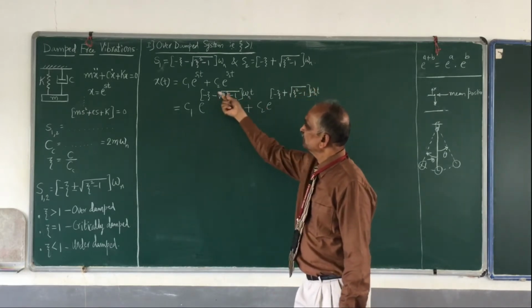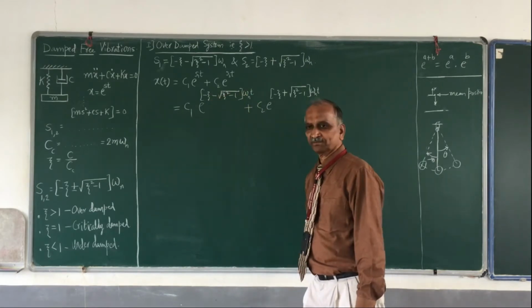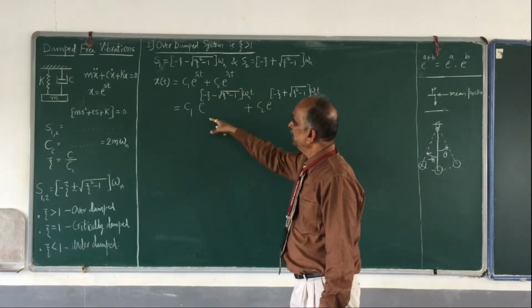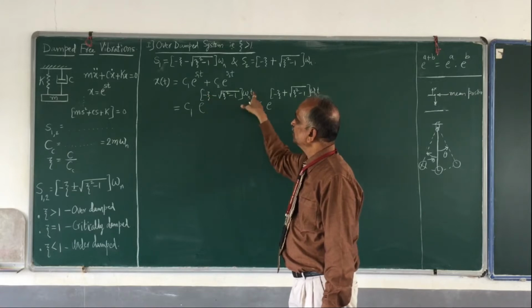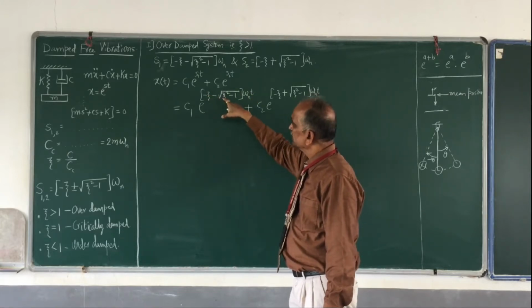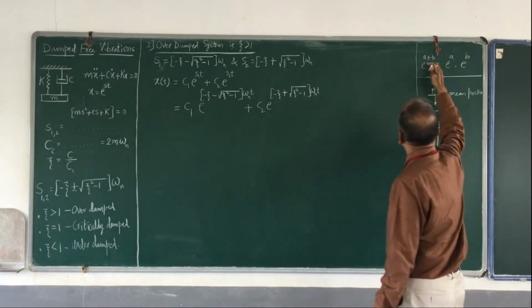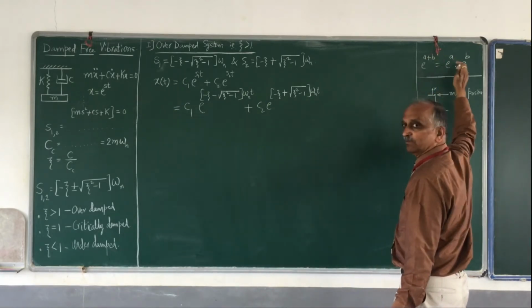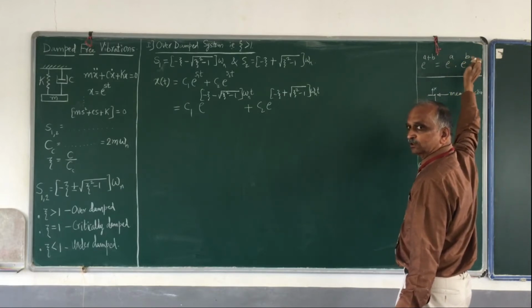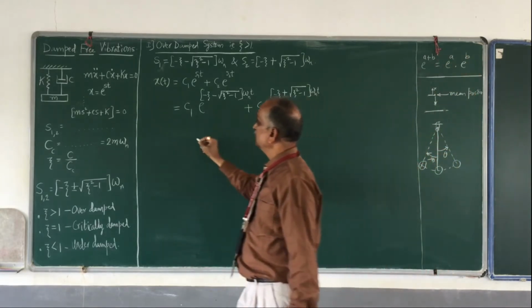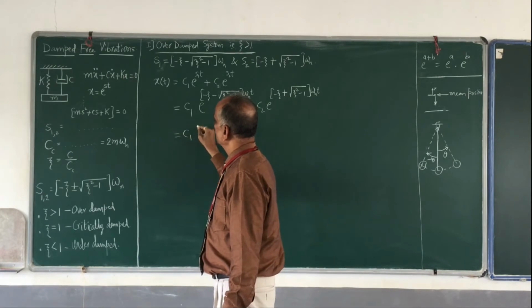This omega n into t I shall take within the bracket. Then I have e raised to minus zeta omega n t, minus this into omega n t. E raised to minus a minus b can be written as e raised to minus a into e raised to minus b.